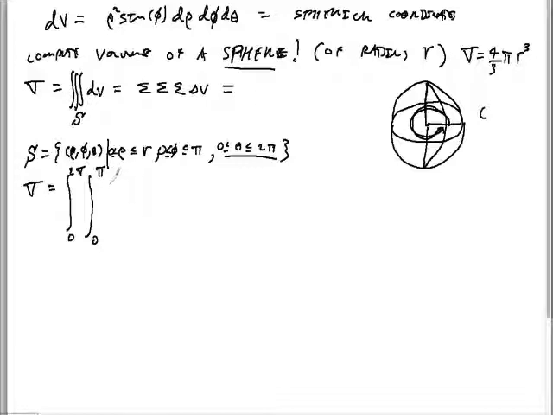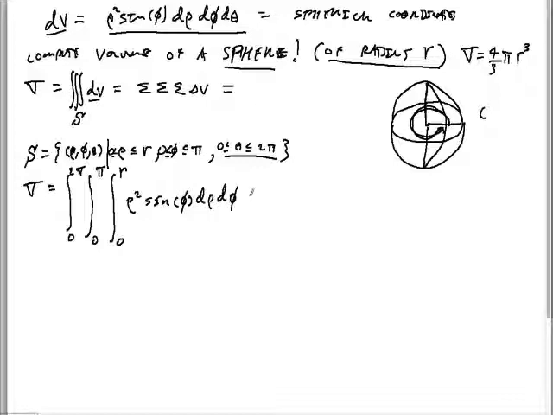And then finally, rho we're going to do from 0 to r, which was the radius of our sphere. And then remember dV was, we're going to replace our dV with all of this. So we're going to have rho squared sine phi d rho d phi d theta.